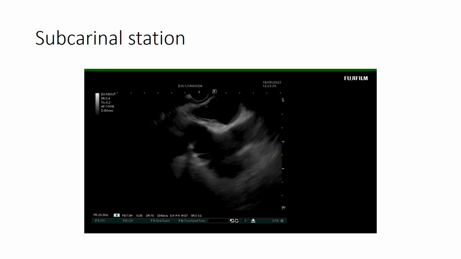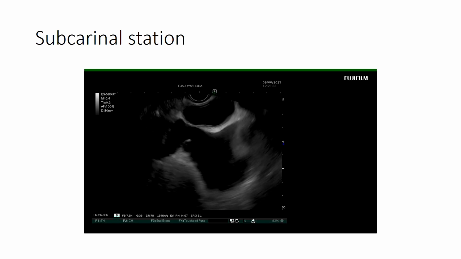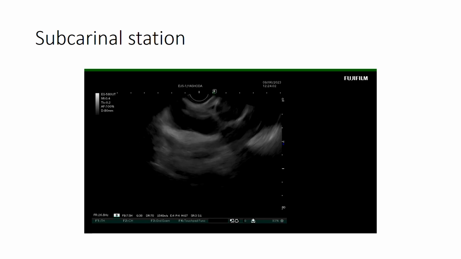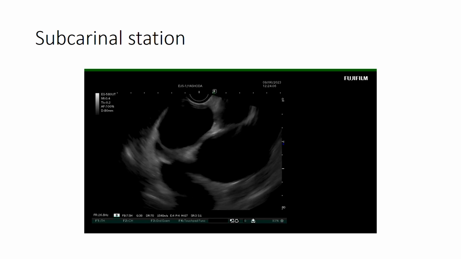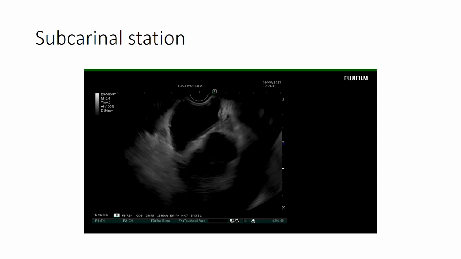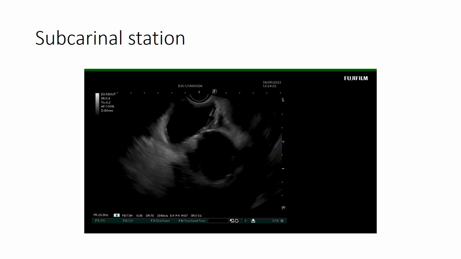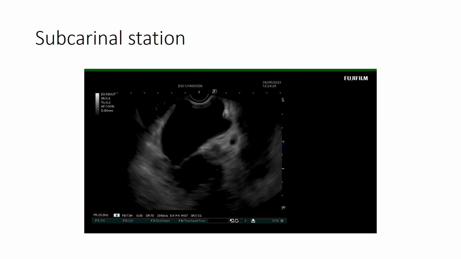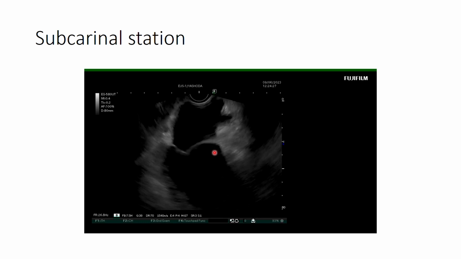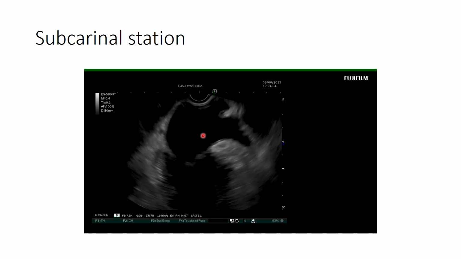So this is the left atrium, and this is the IVC opening into the right atrium. And slowly pull the scope so that the left atrium comes into the center. And this is the aortic trunk with this aortic wall. And now as you slowly pull and get the left atrium slightly towards the left side of the screen, this is the mitral valve.